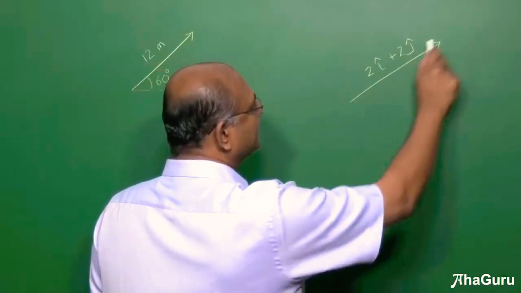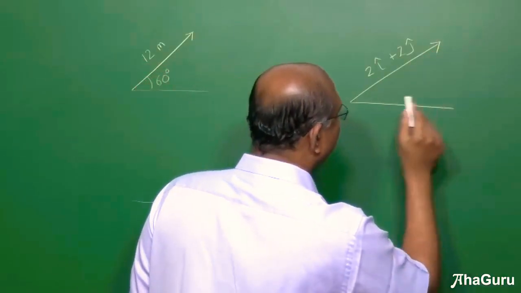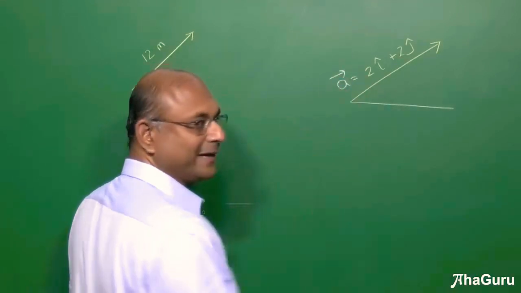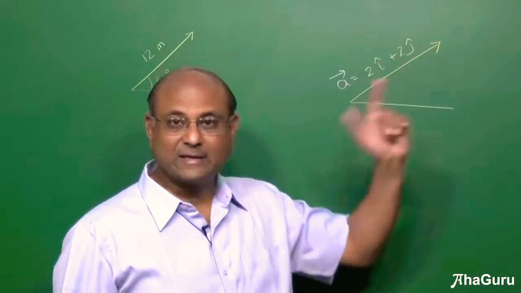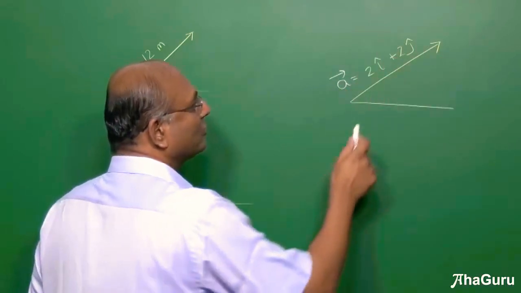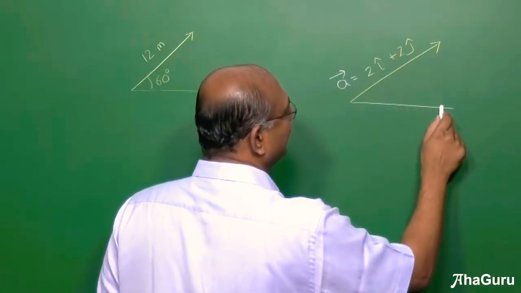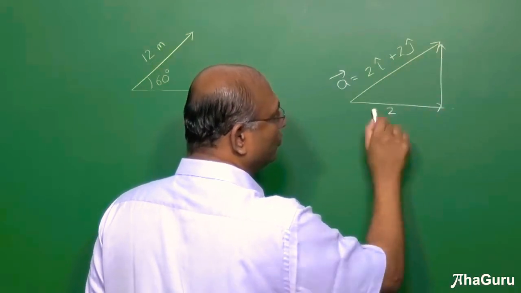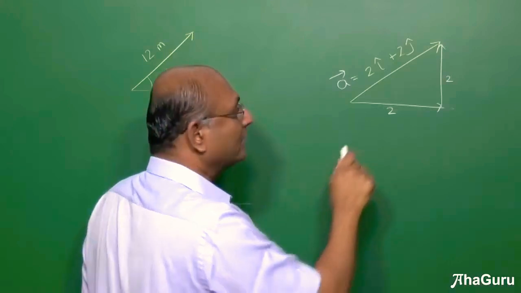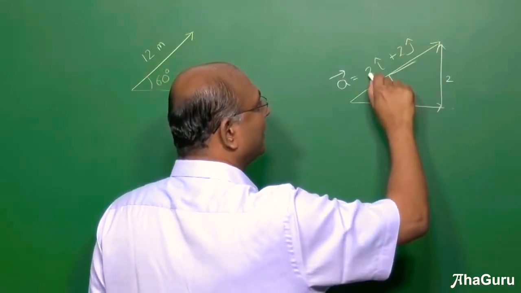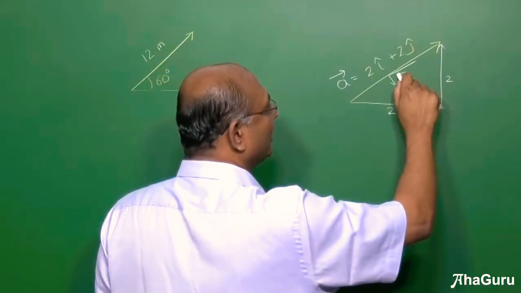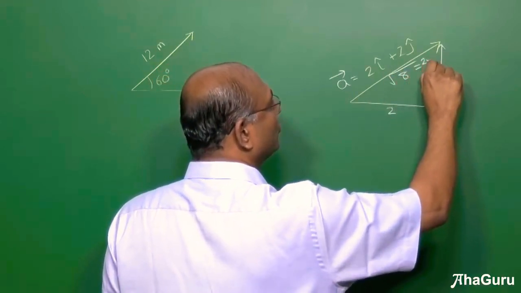So now let us look at this vector, and I want to find its magnitude. Let me call this a vector, and I also want to find its angle that it makes with the x-axis. So if this is 2i plus 2j cap, you know that this must be length 2 and that must be length 2. So this must be root of 2 square plus 2 square, 4 plus 4, 8, right? Root of 8, which is 2 root 2.